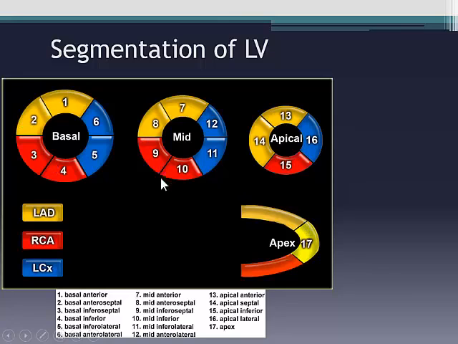Okay, so this is just a schematic using the 17-segment model, and the reason why we try to always report in the 17-segment model, especially when we're talking about viability, is because they're traditionally divided up based on coronary territories. One thing that you have to remember is obviously, although we kind of always report this as the LAD, and this is the right, and this is the circumflex coronary artery territory, the anatomy varies, and it can vary enormously, okay?